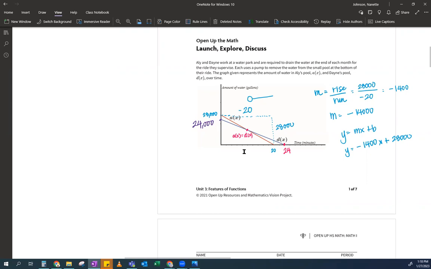Yeah, it means the water levels are the same. So if this was a race, this is when Allie and Dane are at the same exact point in the race. Got it? At the same time and the same place.